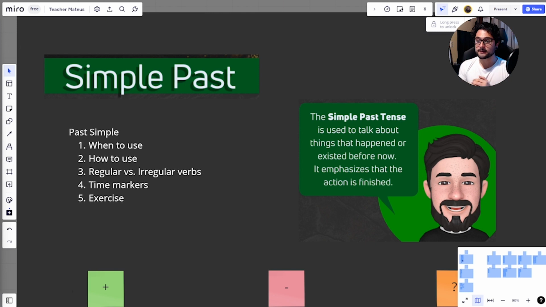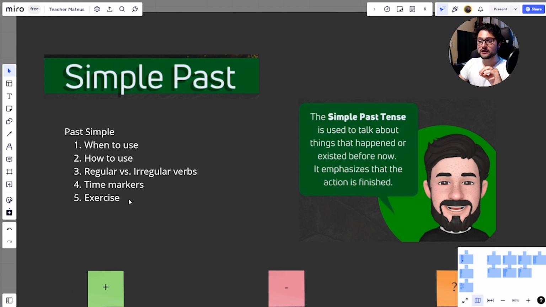All right, guys. The first thing that we are going to talk about today is the structure of our lesson. When we talk about past simple in this lesson, first of all, we will see when we use the simple past, because it is important that we understand in what situations we use this type of communication, this structure. We are going to see how to use it.